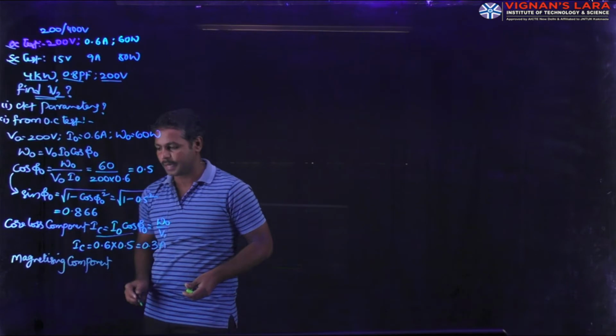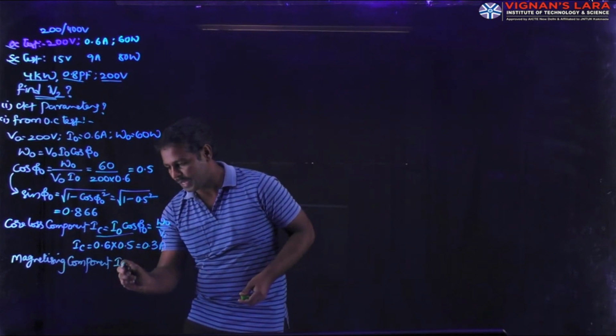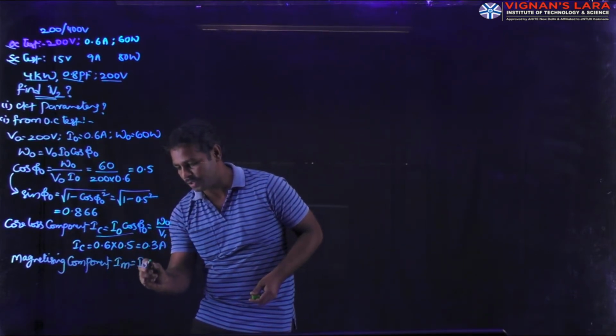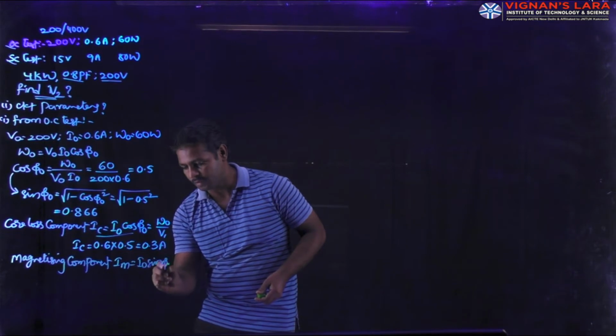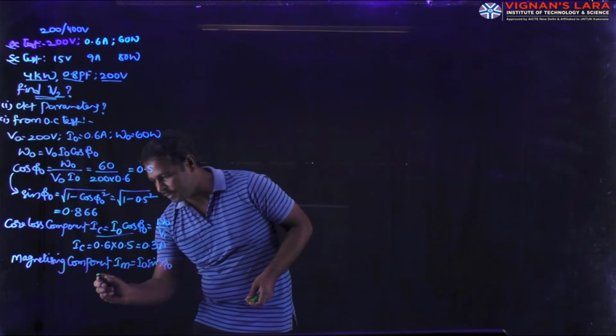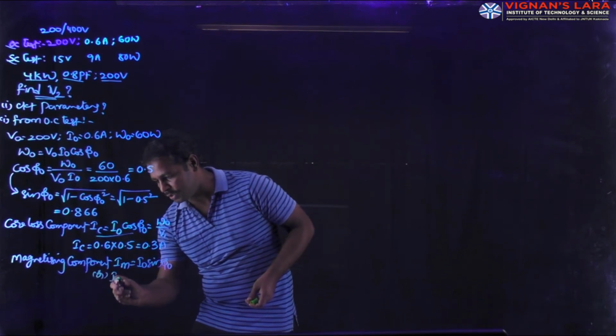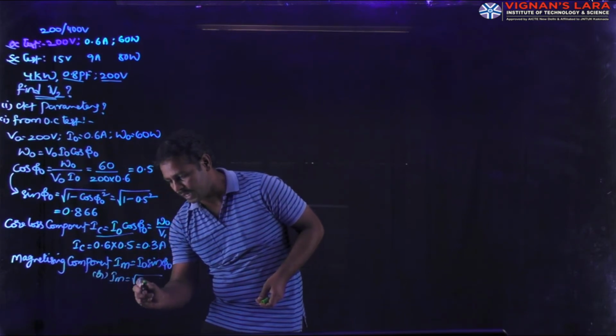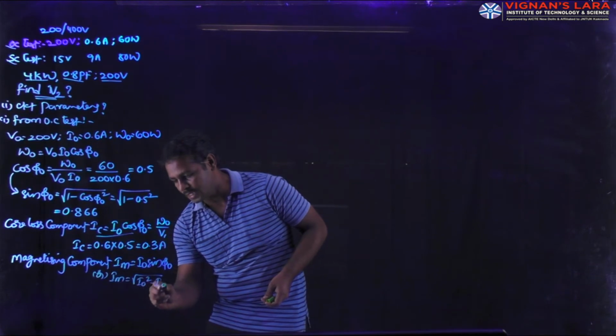The second one is the magnetizing component, denoted by IM, which is equal to I0 into sin phi naught. Otherwise, the second equation is IM equal to the square root of I0 square minus IC square.